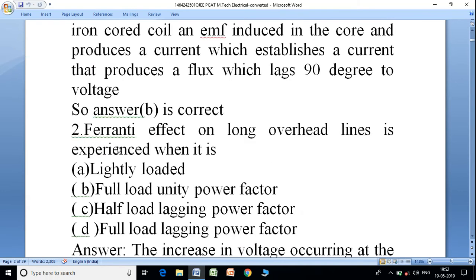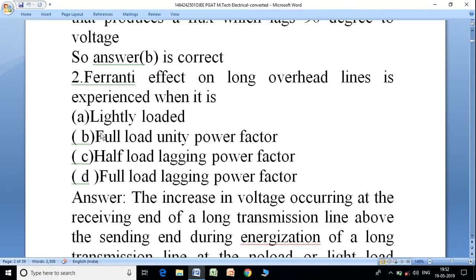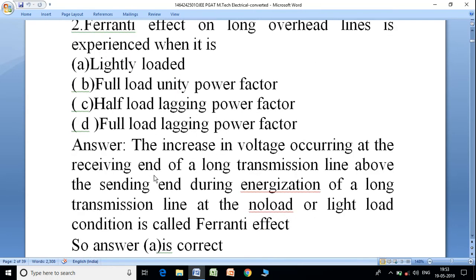So next question. Ferranti effect on a long overhead line is experienced when it is light loaded, full load unity power factor, half load lagging power factor, or full load lagging power factor. So you should know what is called Ferranti effect.